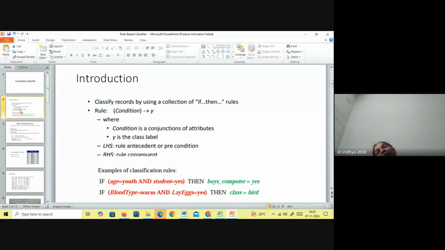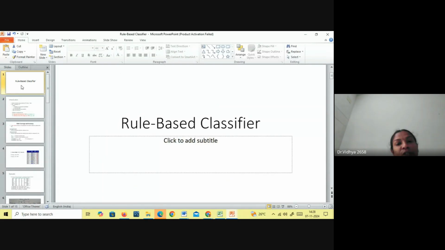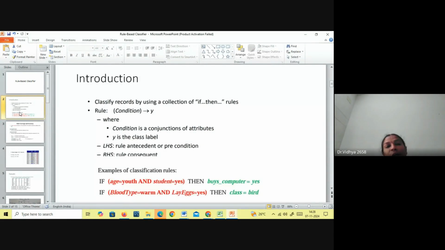Here we will be studying the rule-based techniques. The decision tree technique and rule-based techniques are mostly interrelated. This is the introduction to the rule-based classifier. It classifies the record using a collection of if-then rules. Obviously, rule-based means that we will be having some set of rules.